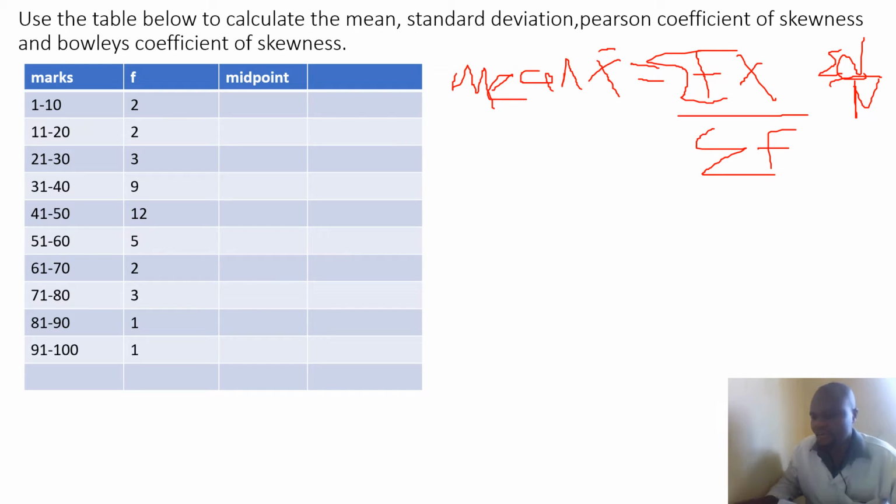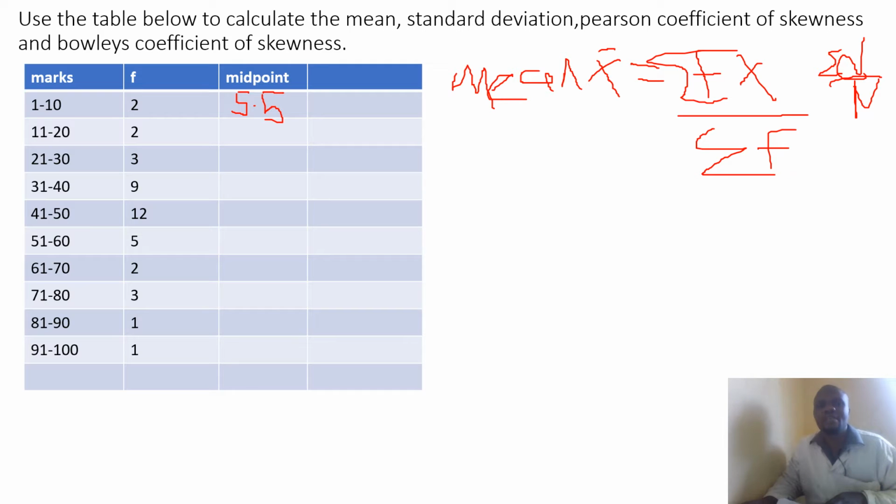So for us now we need to get the x point, which is the midpoint of this data. For us to get this we have the class intervals, that is 1 plus 10, and then we divide by 2, and in this case we get 5.5 because it is 11 divided by 2.